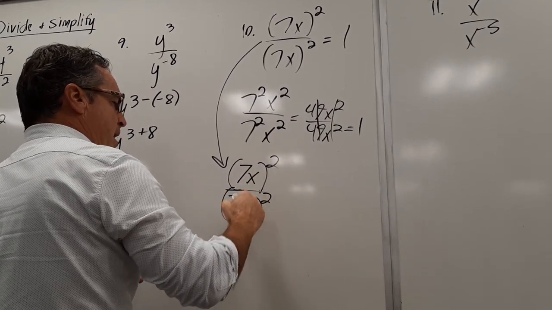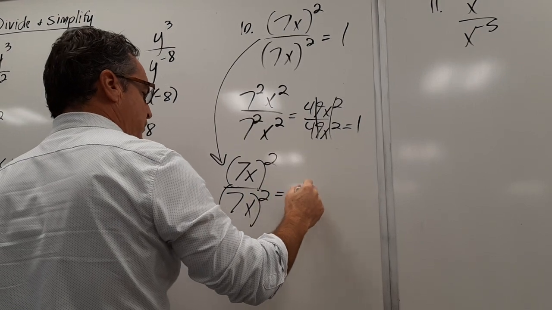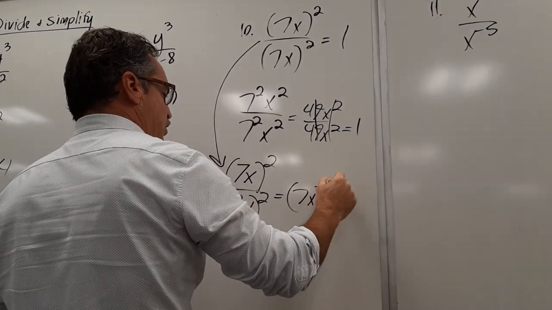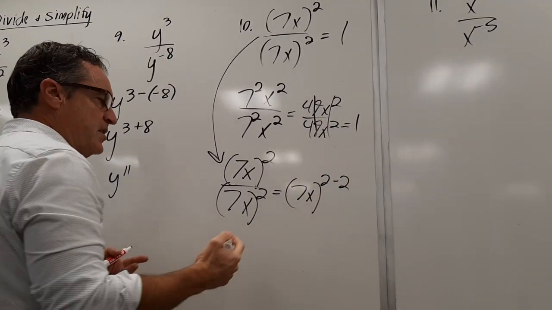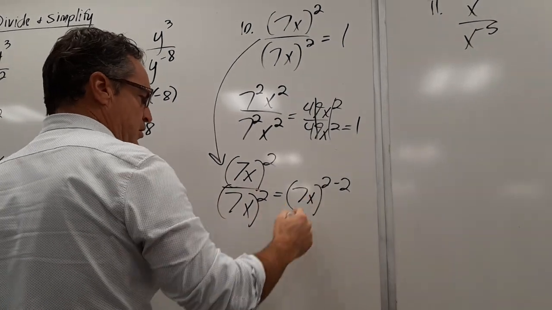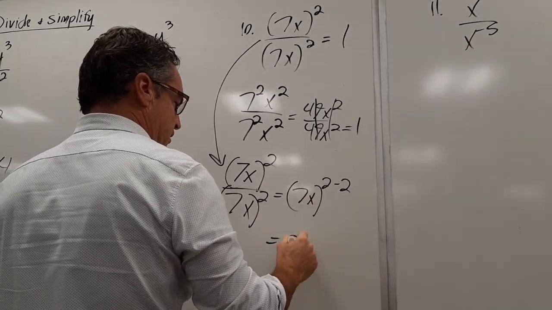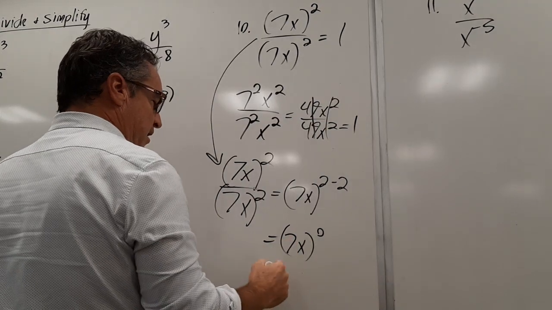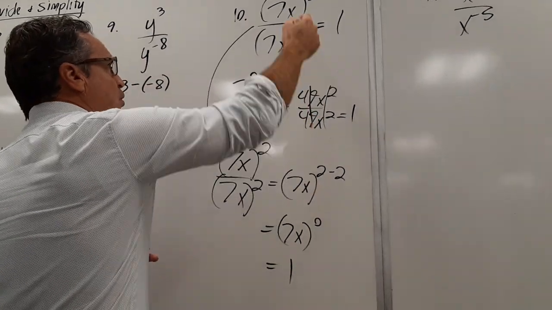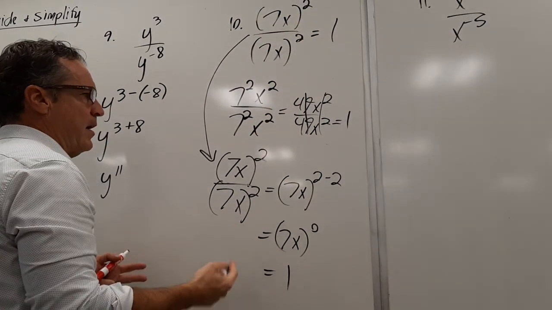We have the same base, and ultimately we're saying we have 7x to the 2 minus 2. What is 7x to the 2 minus 2? Well, it's 7x to the 0, and anything to the 0 equals 1. Really kind of cool. We can prove that way as well.